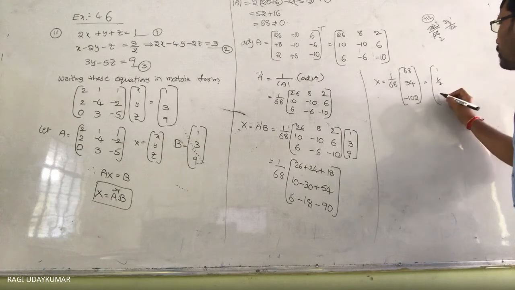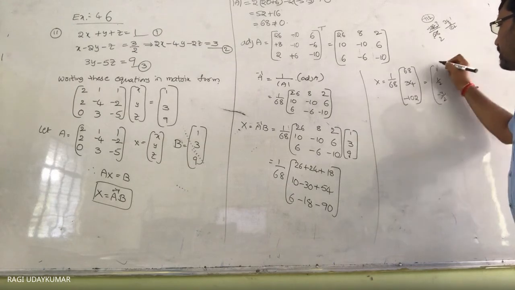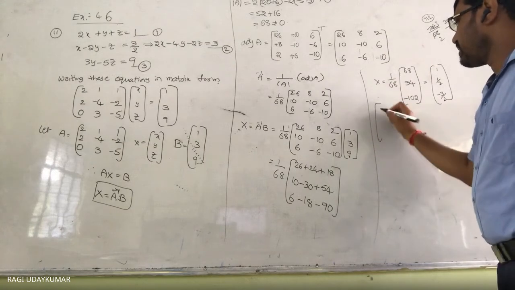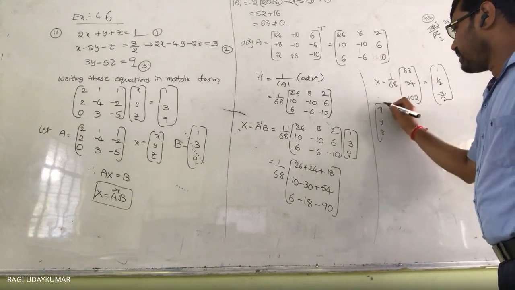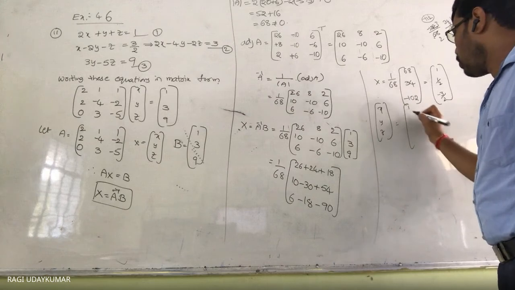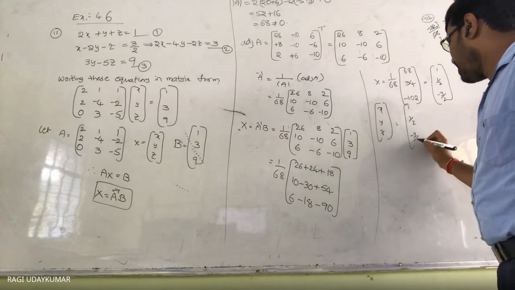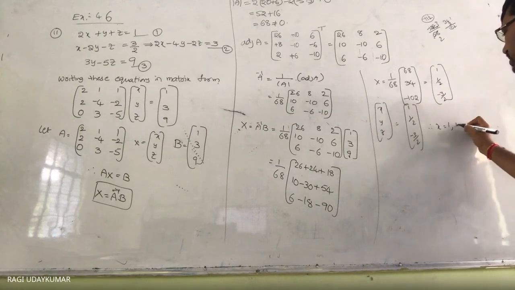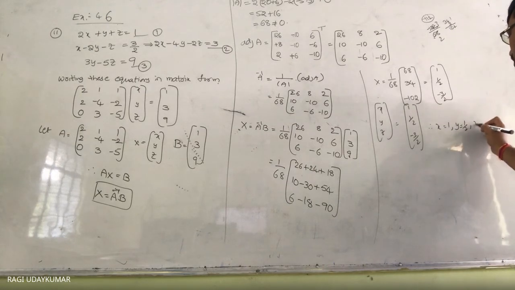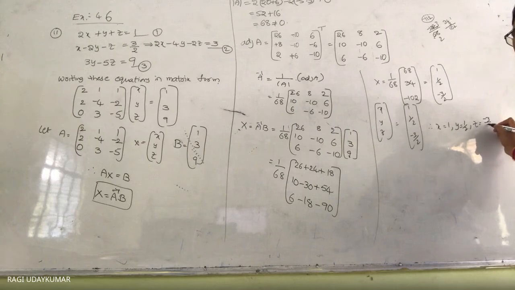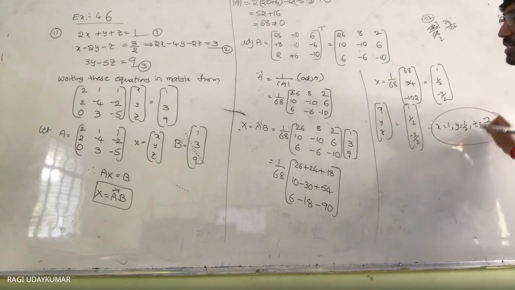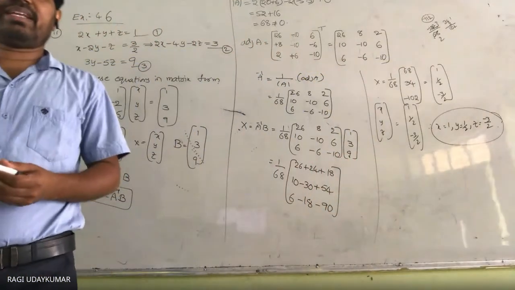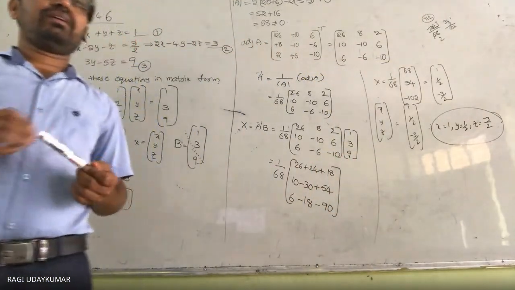So we are going to get minus 3 by 2. So therefore, this matrix is X, Y, Z, which is equal to 1, 1 by 2, minus 3 by 2. So you can say that X is equal to 1, Y is equal to 1 by 2, Z is equal to minus 3 by 2. This is the solution. Substitute these values in the given equation, and you will be able to find whether it is right or wrong.